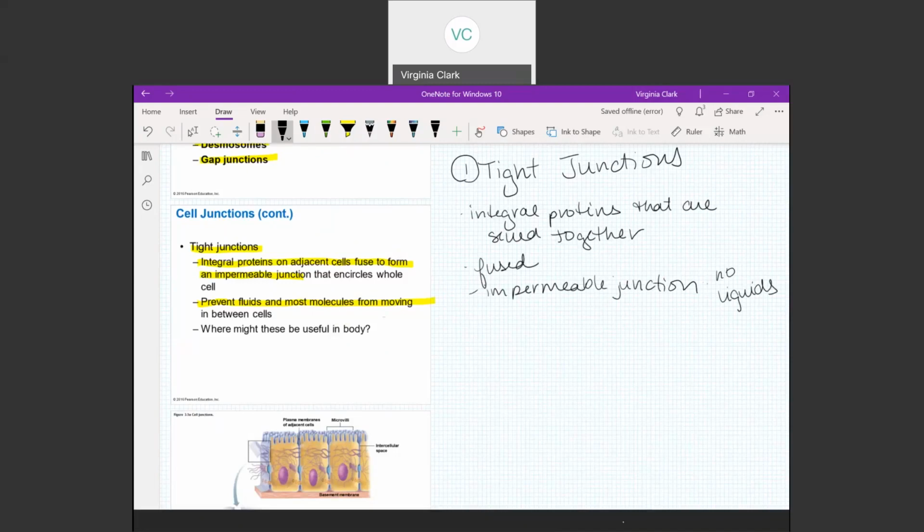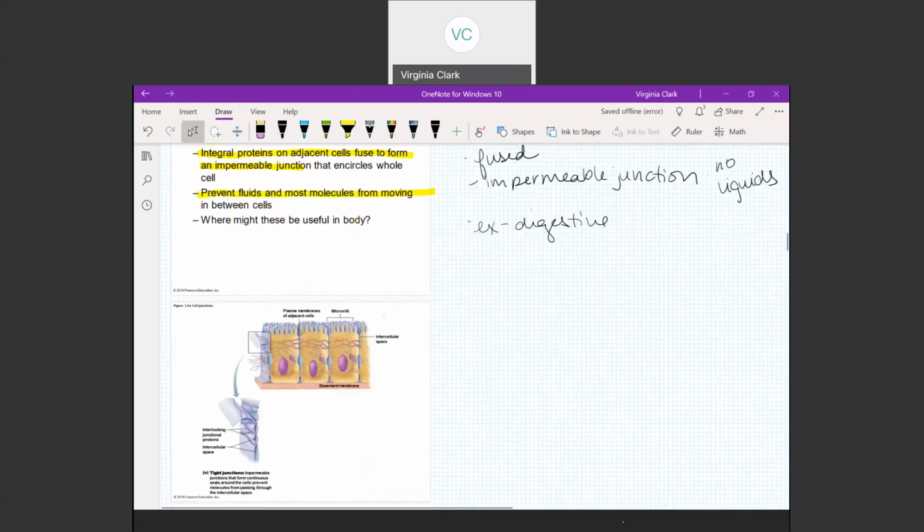So an example of this is going to be in your digestive tract, or in your skin, well, one layer of your skin, where you do not want to have a liquid be able to pass through. So this example right here will show here is one cell. Here is my other cell, and he is connected to a third cell.